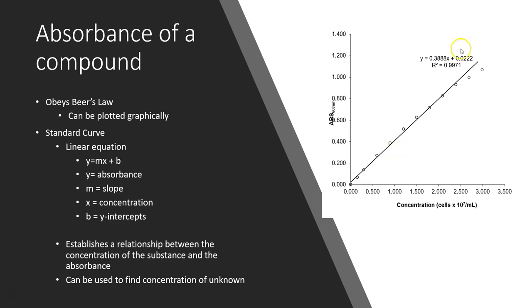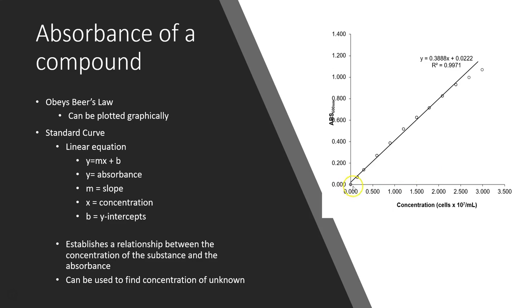Now that linear trend function is going to be there for all samples, except if you increase or decrease the concentration of your solutions or suspensions above or below the range of your instrument. So if you imagine there might be a situation where you only have, let's say, 1 molecule of yeast or 1 molecule of methylene blue per milliliter of water, that would be too small to be detected by the spectrophotometer, and you would never find it.